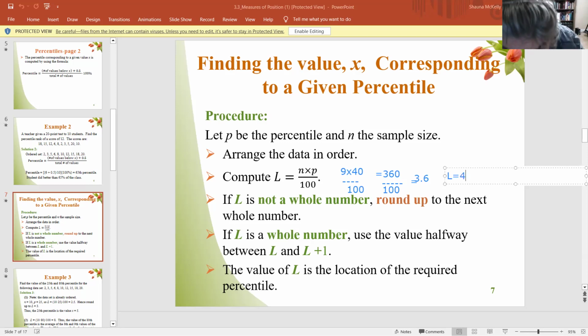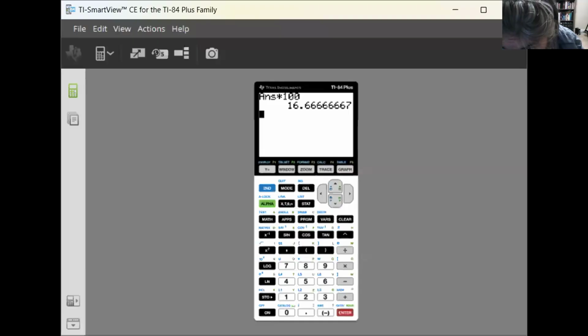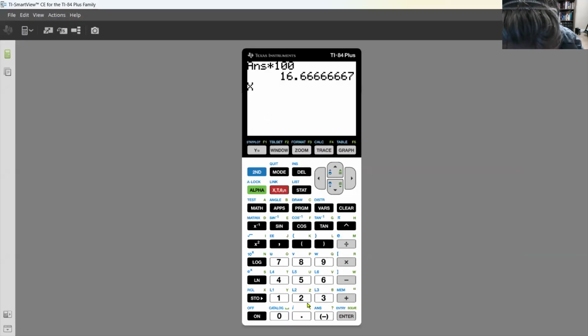So what we're going to do now is go back to the homework, and I'm going to go to my data list because my list is sorted. I'll share my calculator screen here.